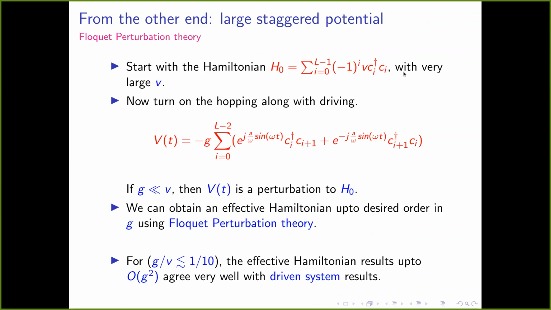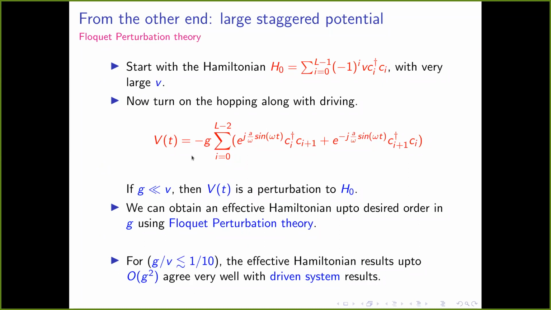This staggered potential part of the Hamiltonian is our original Hamiltonian, and then the driven part is treated as a perturbation. So this is basically time dependent perturbation theory, but since it's driven periodically in time, and we are looking at states which are like the steady states in this periodic drive, this is a bit different from time dependent perturbation theory, and this is called Floquet perturbation theory.